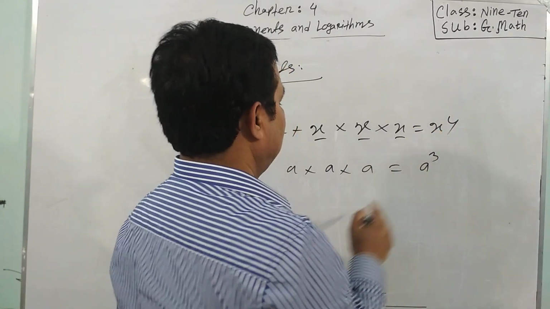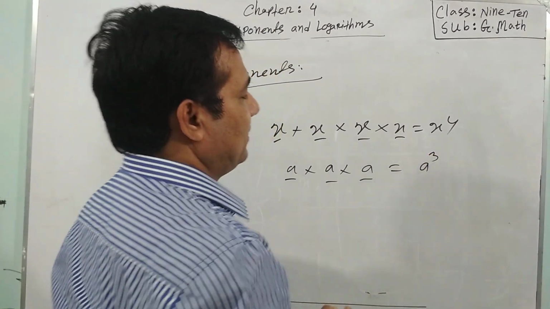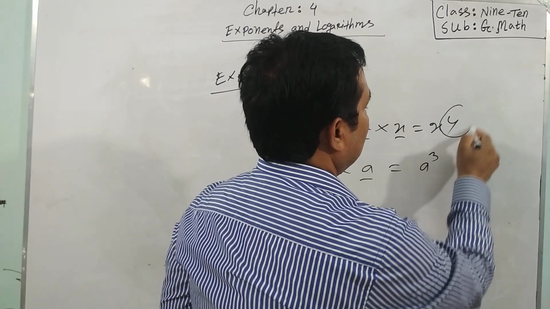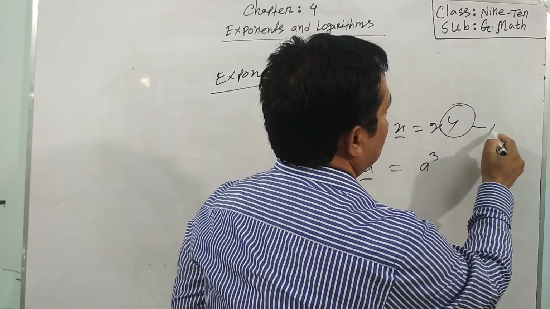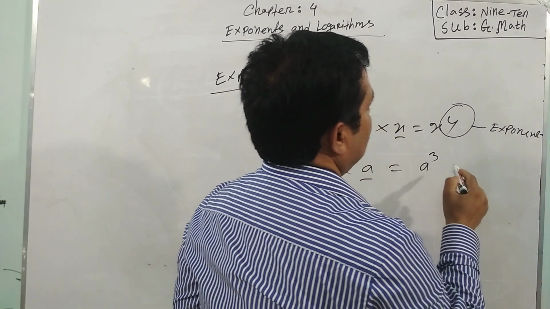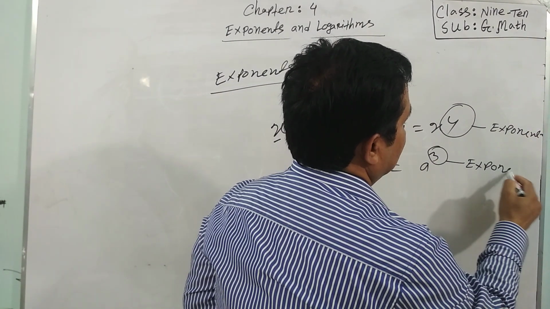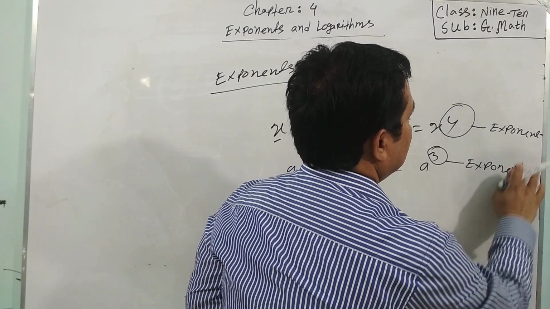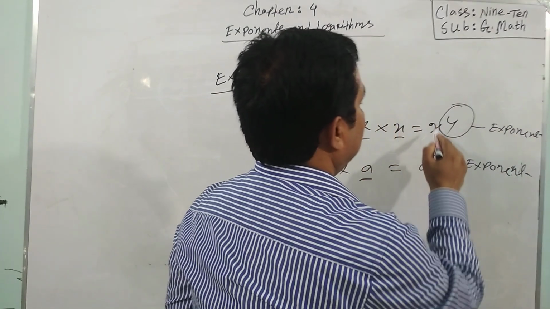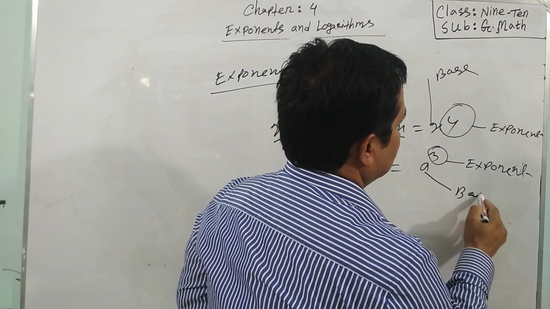And here A cubed, 3 times of A: 1, 2, 3. Here 4 is called the exponent, and here 3 is the exponent. Here x is the base and a is the base.